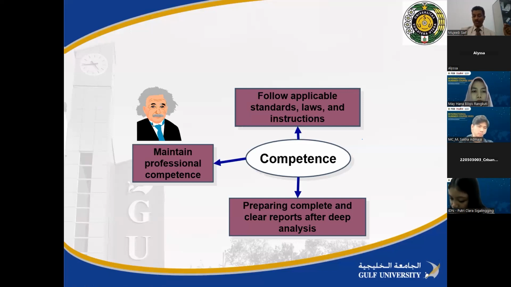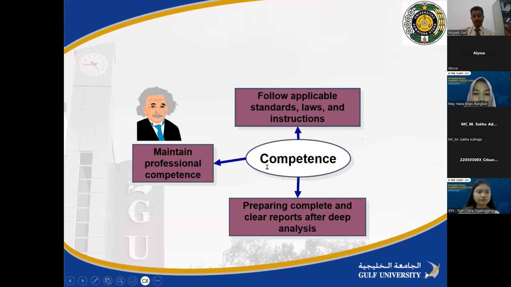To advise the managers, we should prepare a complete and clear report after we review all relevant information related to this order. We use some tools and deeply analyze all information related to this order to make an accurate decision and give correct advice.